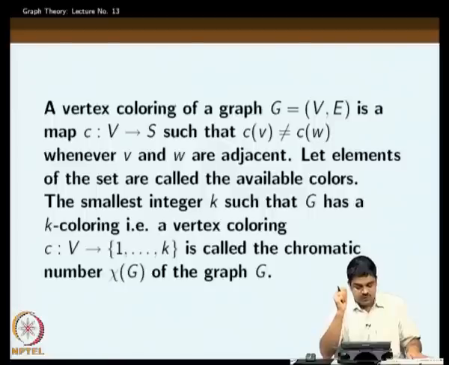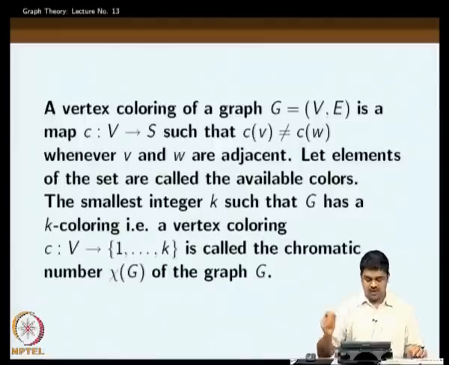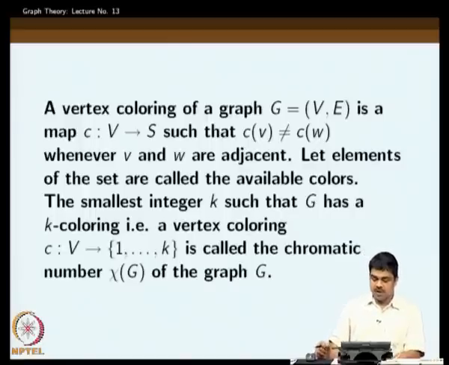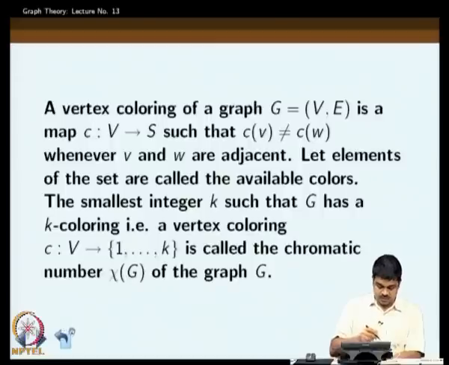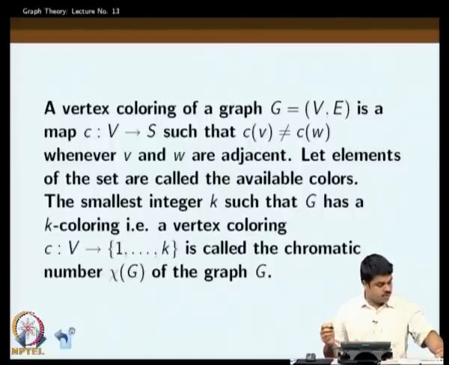The elements of the set S are called the available colors. The smallest integer k such that G can have a k-coloring, that is, a vertex coloring from V to {1 to k}, is called the chromatic number chi of the graph. This is the formal definition.